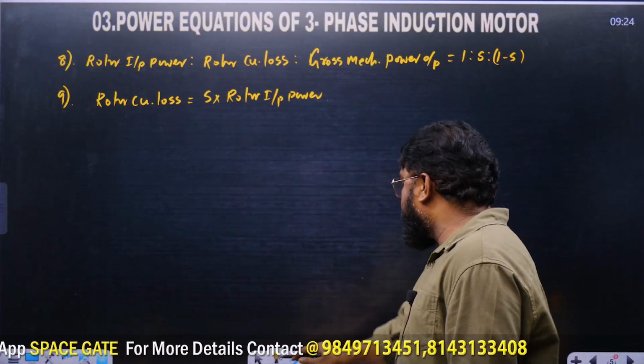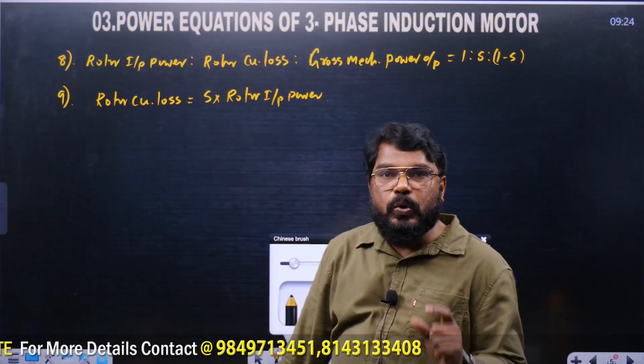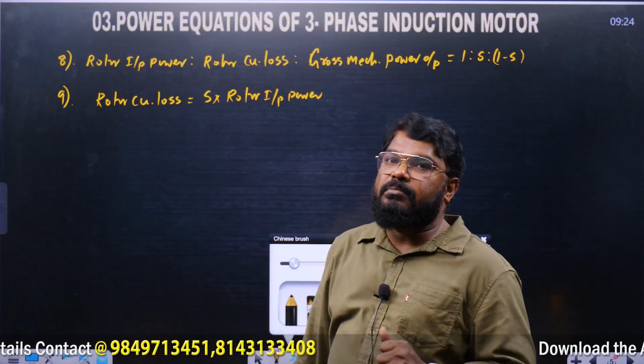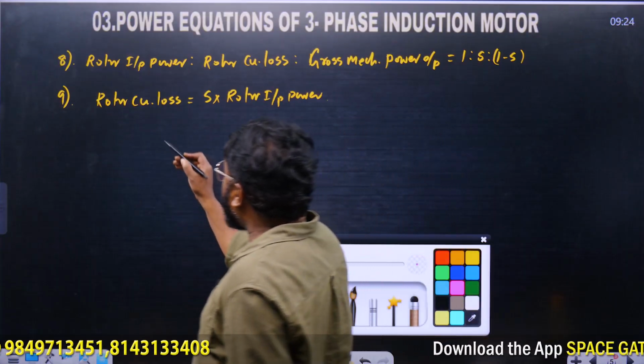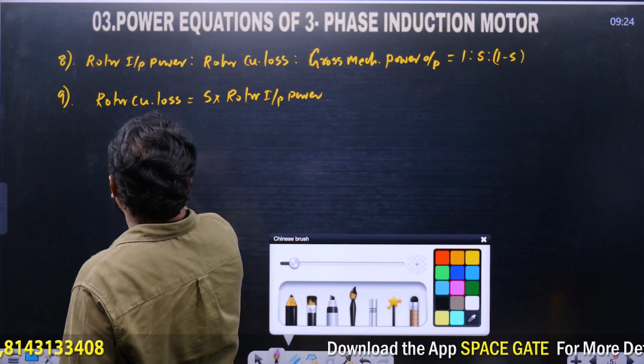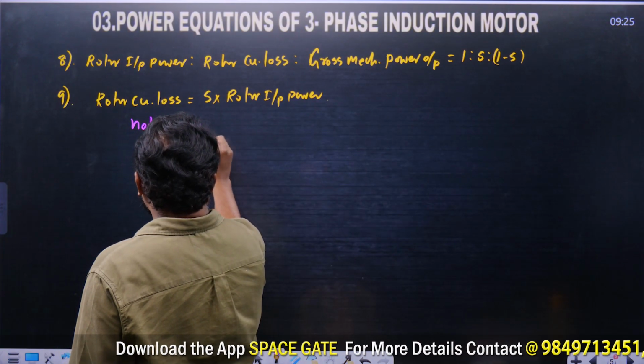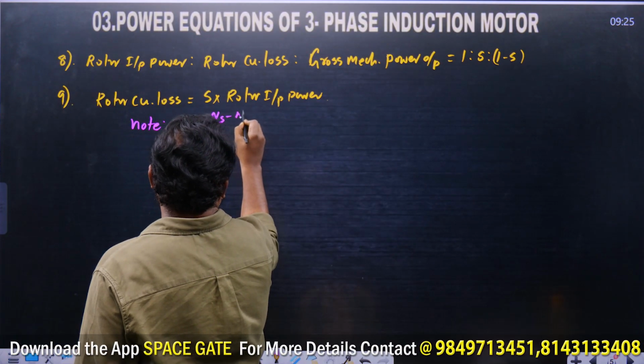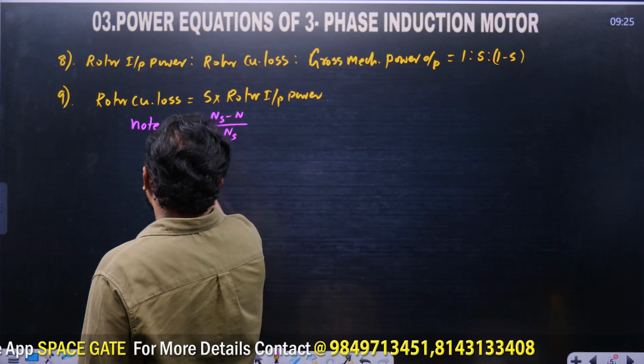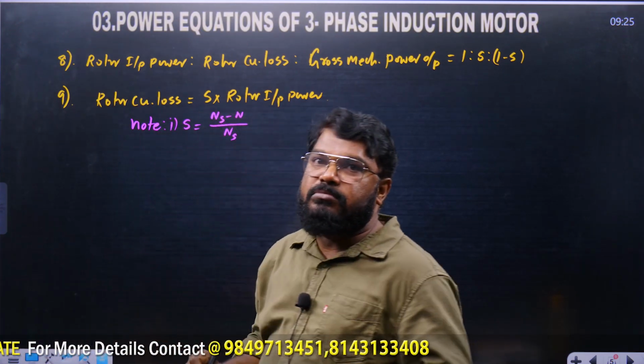Now there is one question here. We know how to calculate the slip of the motor, and sometimes we have a question on it. Note points here: first, slip is equal to (ns minus n) by ns. This is one method to find the slip of the motor.